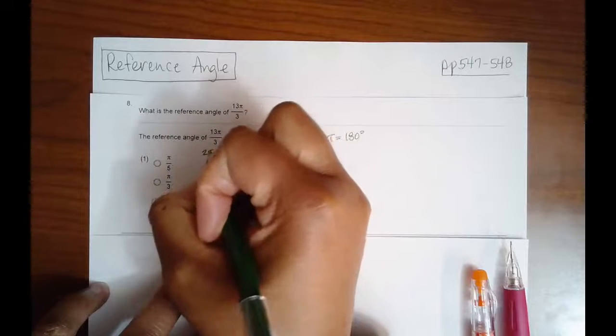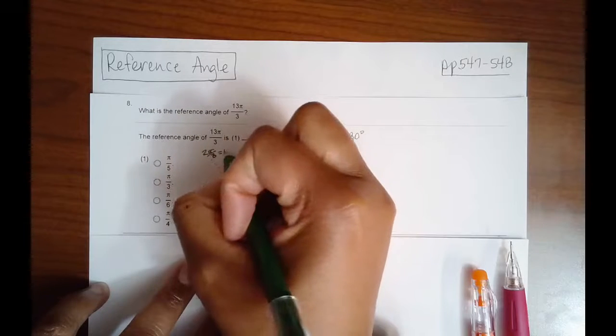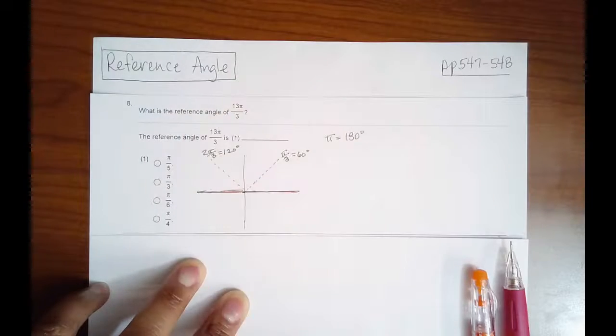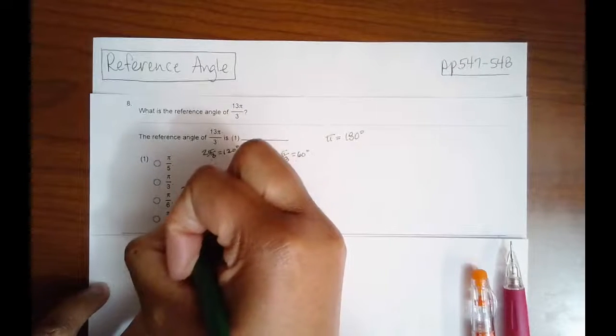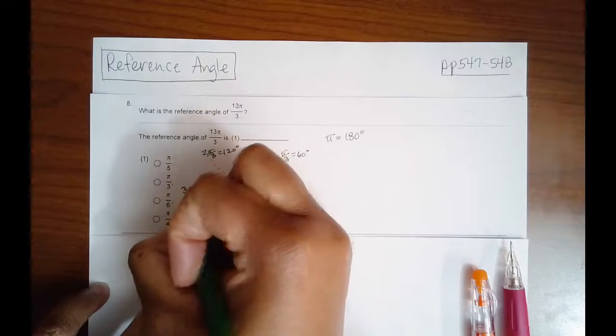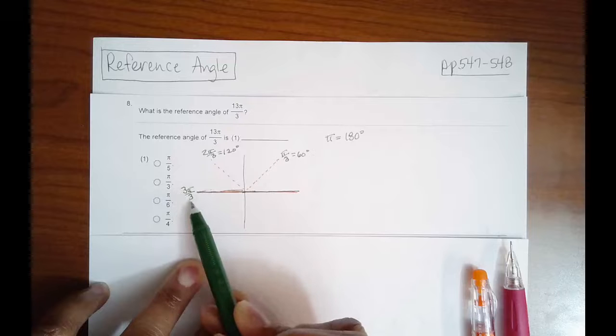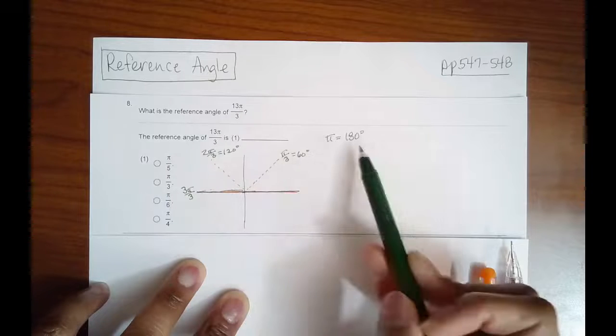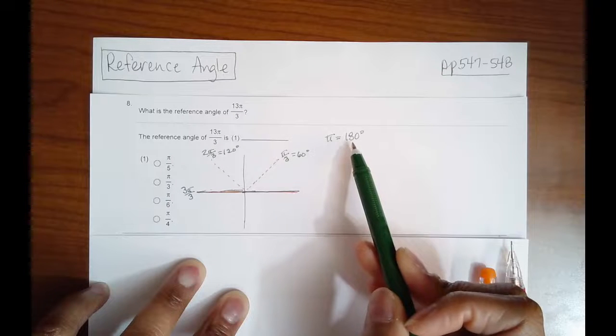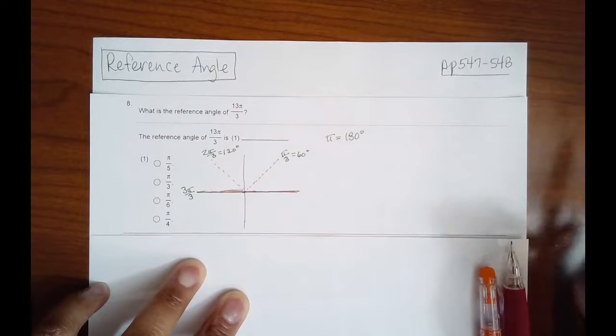This is 2 pi over 3, which is equivalent to 120 degrees. And this is 3 pi over 3. Well, we know that the 3's are going to cancel, which gives you pi, which is 180 degrees anyway, right?